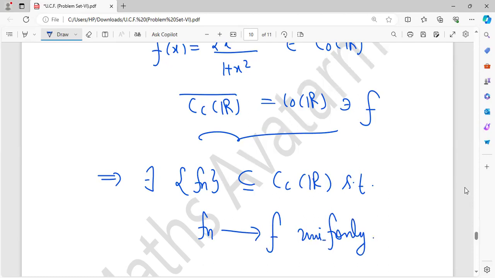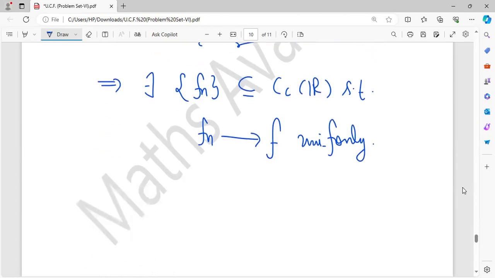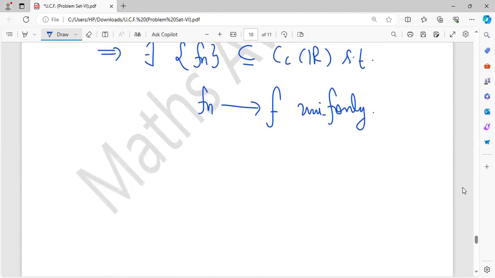We know that Cc(R) functions are also LP, Cc(R) is contained in LP(R).